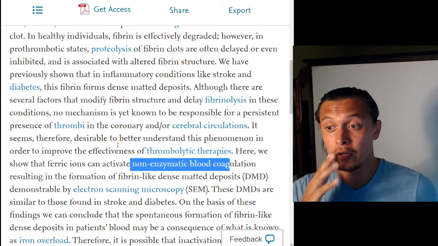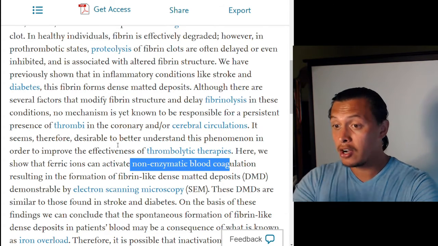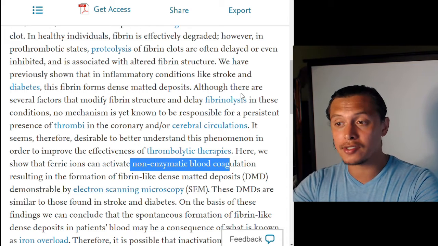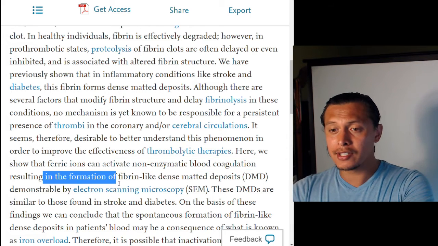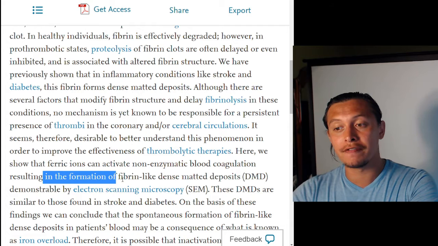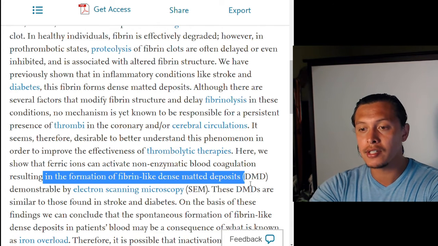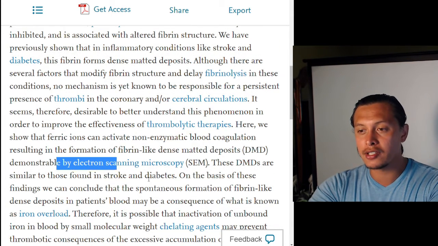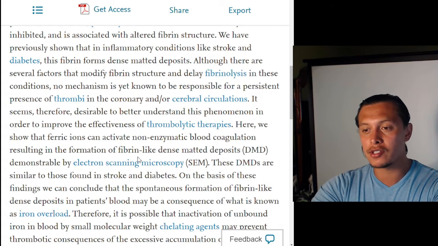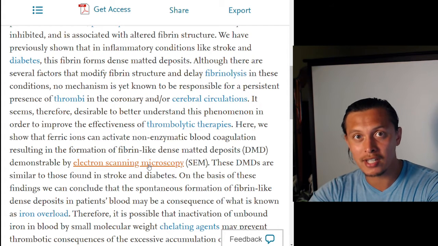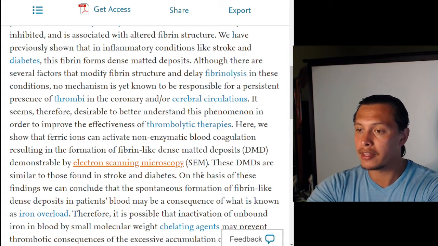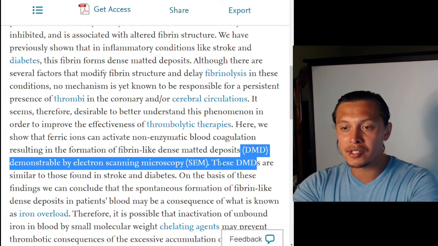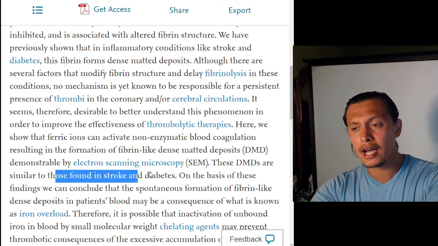Well, if you just have iron ions, it can non-enzymatically cause that. This results in the formation of fibrin-like dense matted deposits, or DMDs, demonstrable by electron scanning microscopy, which is just a form of microscopy for looking at things. These dense matted deposits are similar to those found in stroke and diabetes.